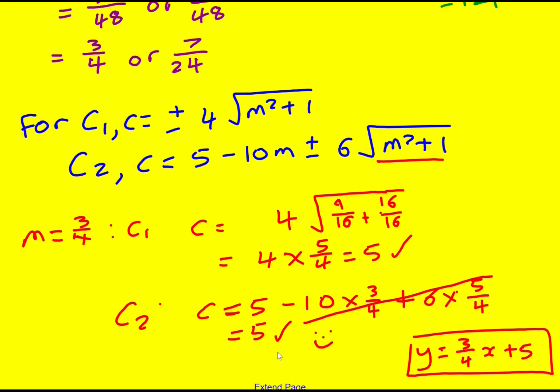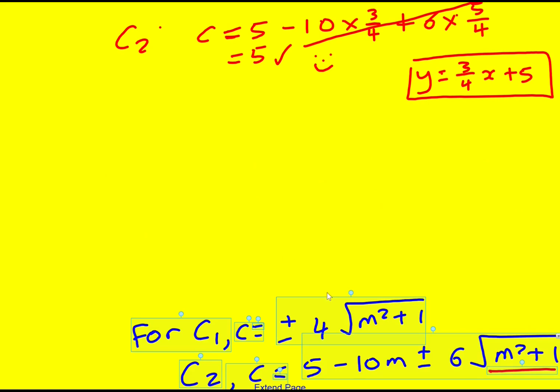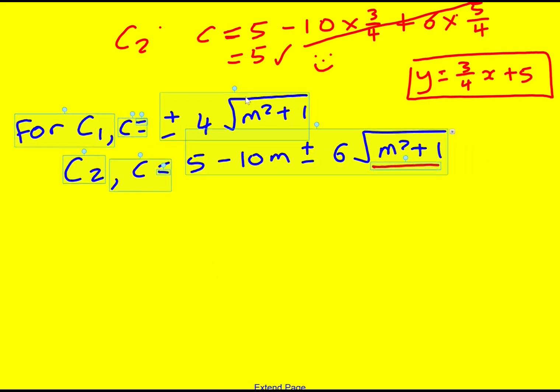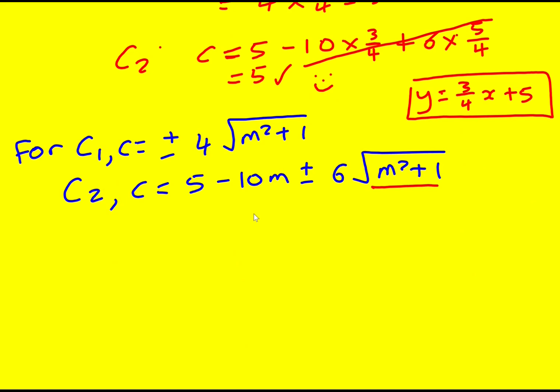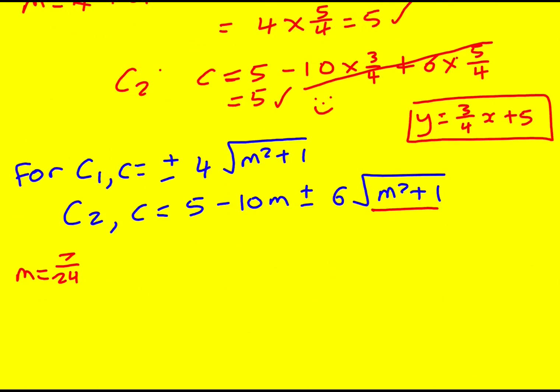Now let's check 7 over 24. Remember, this is only case 1, but some of the other cases are going to be a lot quicker. Okay, so let me just check that. 7 over 24. Right, C1.